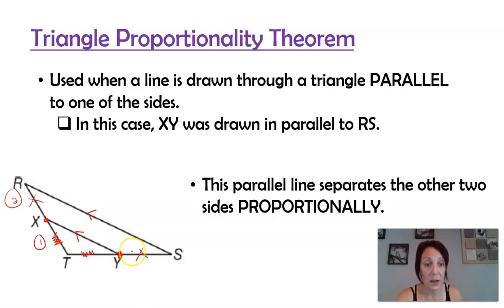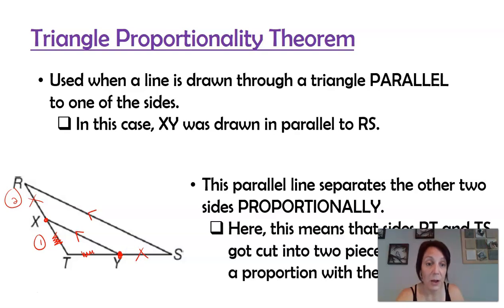So we'll be able to set up proportions and figure out side lengths. In other words, anytime you draw one of these parallel lines through a triangle, I get two ratios and they have to match. The ratio of 1 to 2 over here and the ratio of 1 to 2 over here have to match.